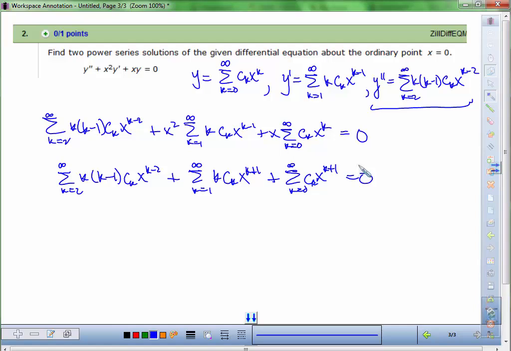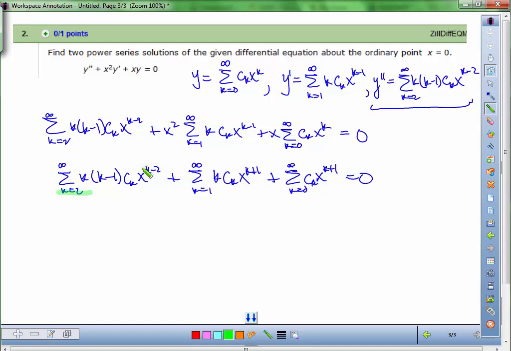So let's see, imagine these k's over here, and I want it to be the same as the power for x. I want this x to the k minus 1 to be the same power as x to the k minus 2. K minus 2 to be the same power as k plus 1.